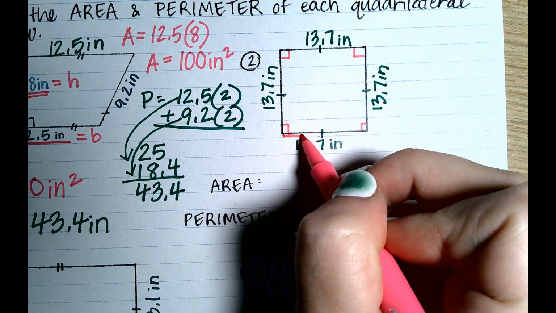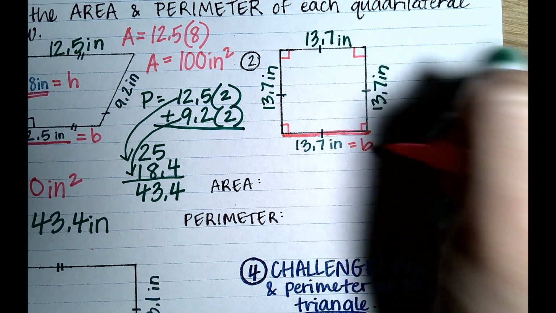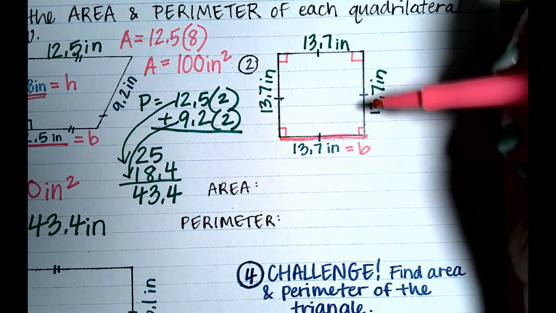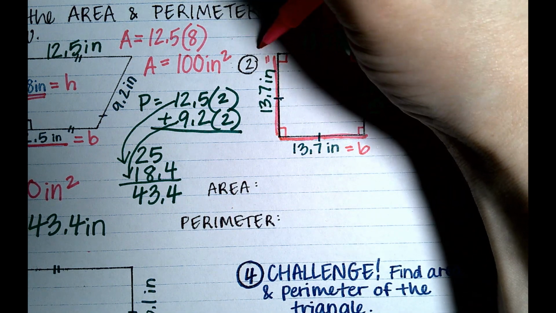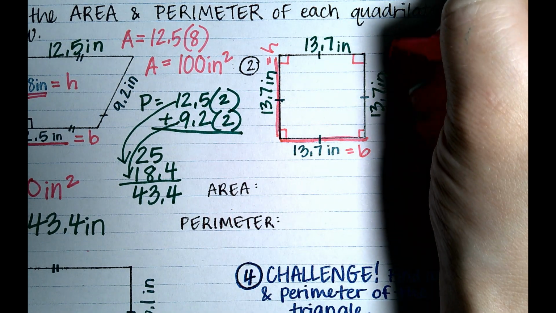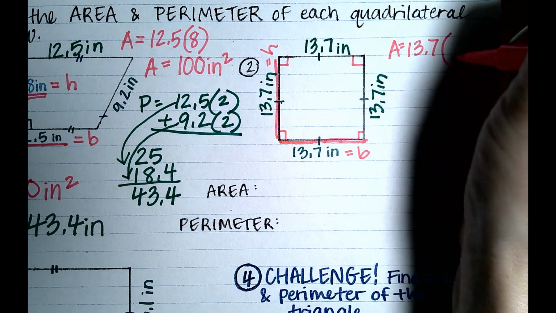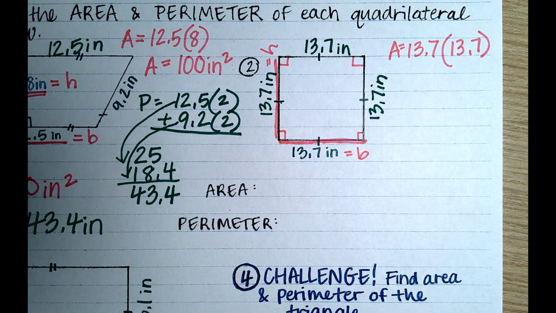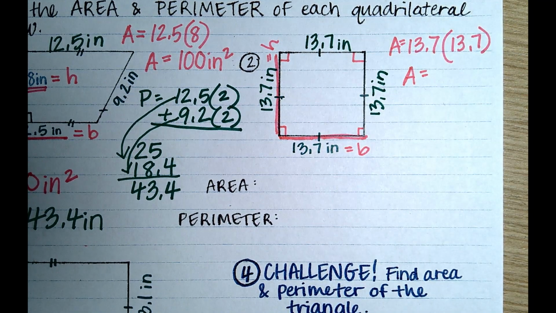In this case, our base here at the bottom is 13.7. And the height is here on the side. It's also 13.7. So we're going to multiply those. 13.7 times 13.7. And what will that give us?